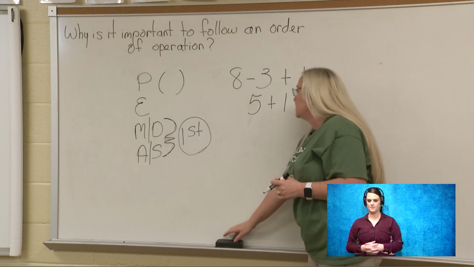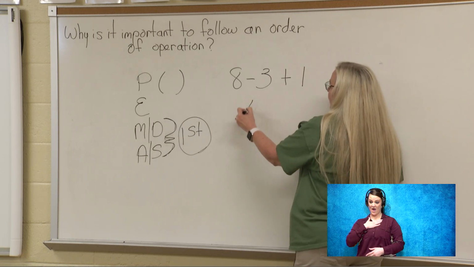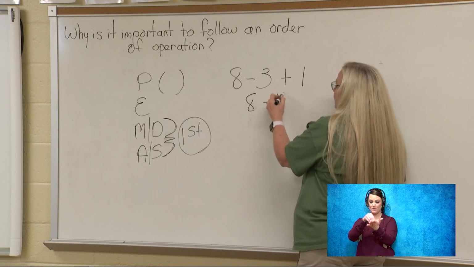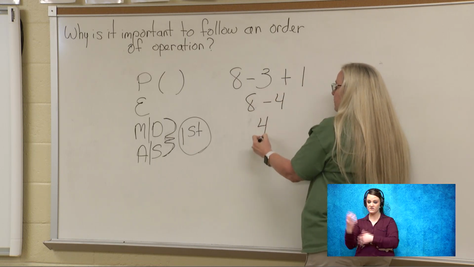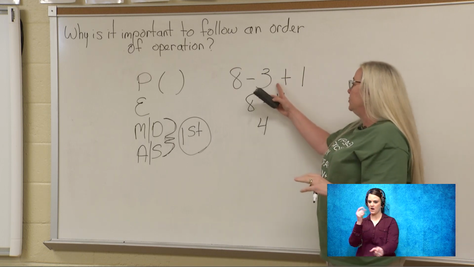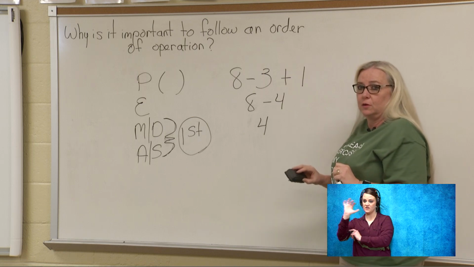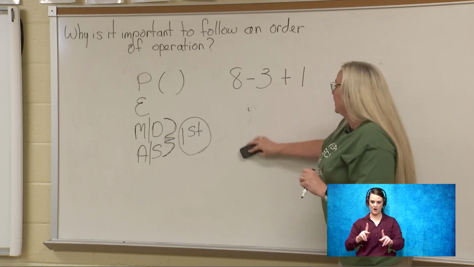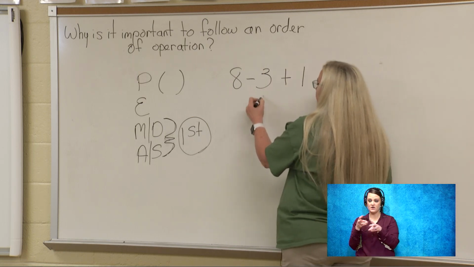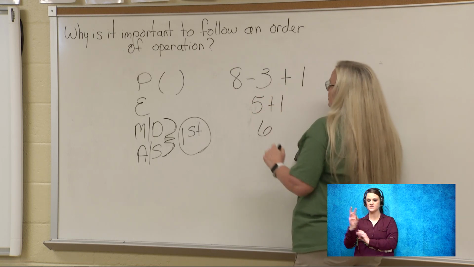My students gave me 8 minus 4 and gave me 4 as an answer, which is incorrect because we do not add first, because it does not come first in the equation. The correct solution to the problem is 5 plus 1, which is 6.